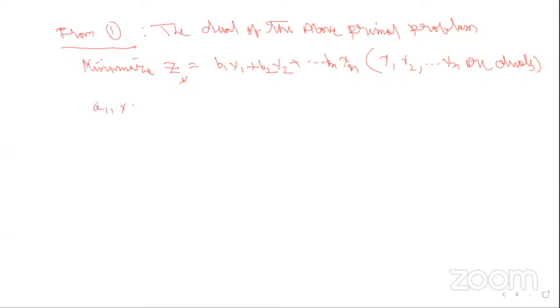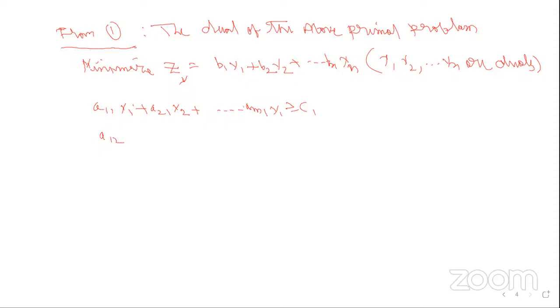a11 y1 plus a21 y2 plus so on am1 ym is greater than or equal to c1.